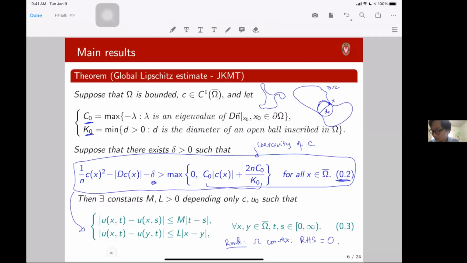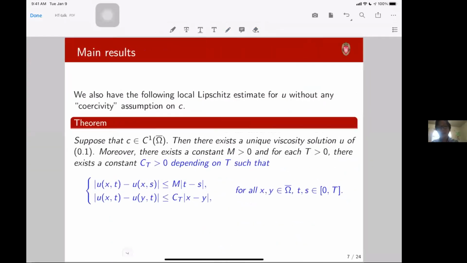Okay. And then the second result, you can wonder, why do we have to impose the condition on C, right? In fact, as a matter of fact, we don't have to impose a condition on C if we only want to have local estimates.